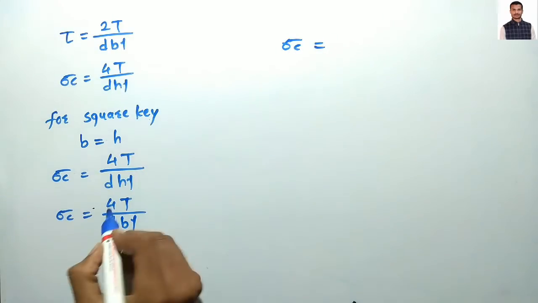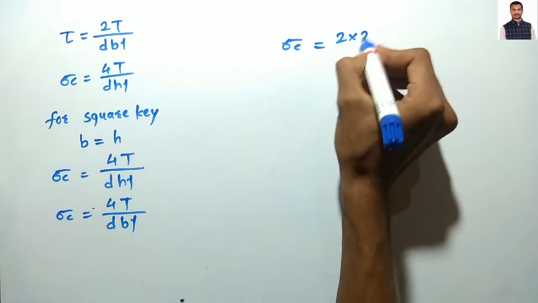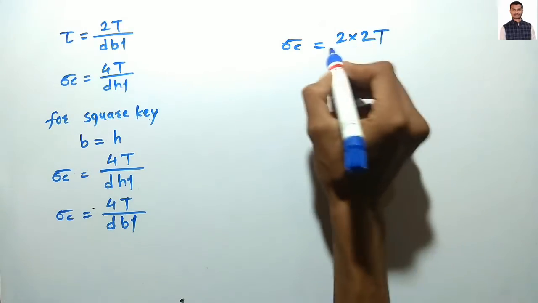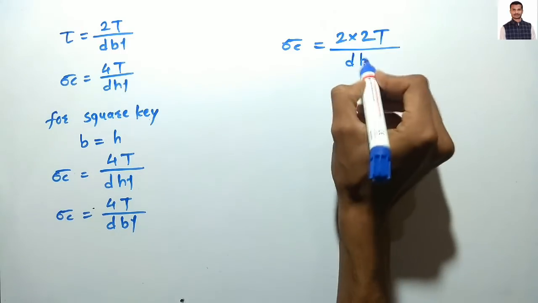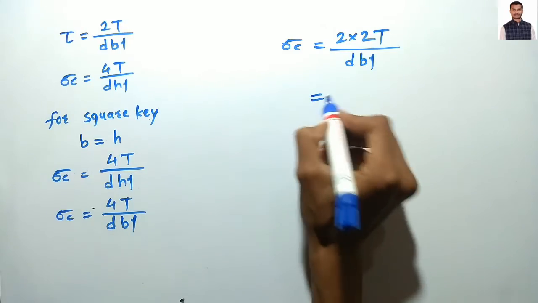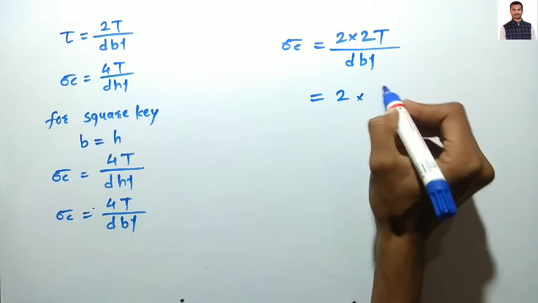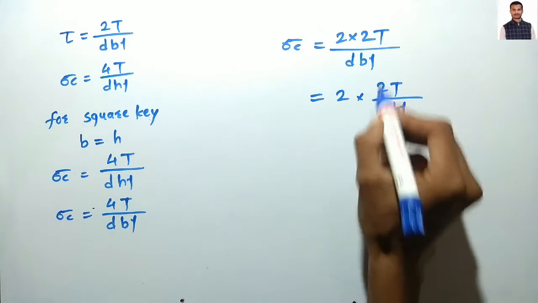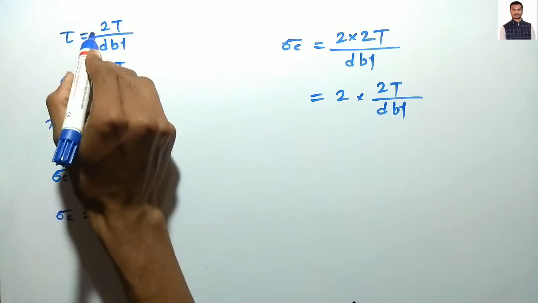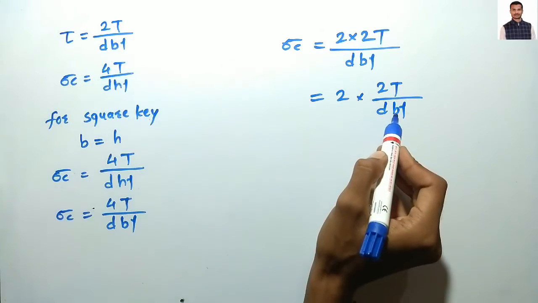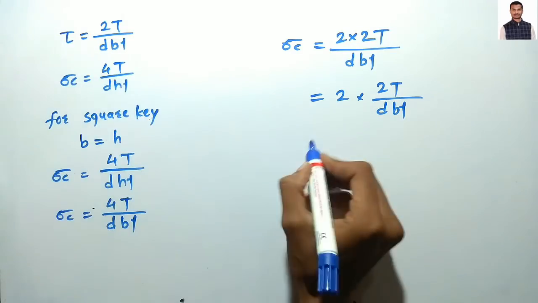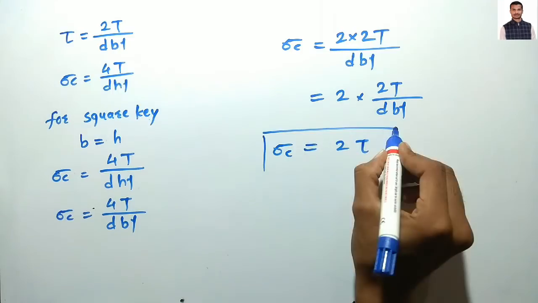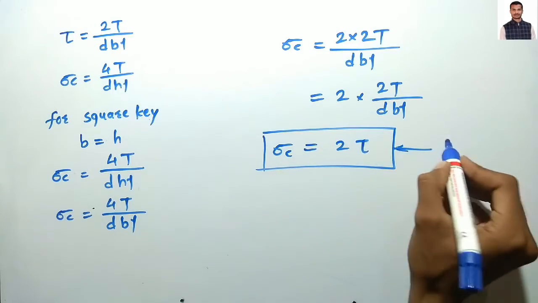Now this sigma C is equal to 2 into 2, 4. So 2 into 2T divided by dBL. So this is nothing but 2T divided by dBL. So that is tau. So sigma C is equal to 2 tau. So this is for square key.